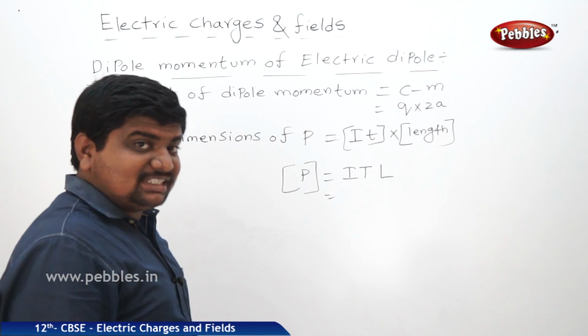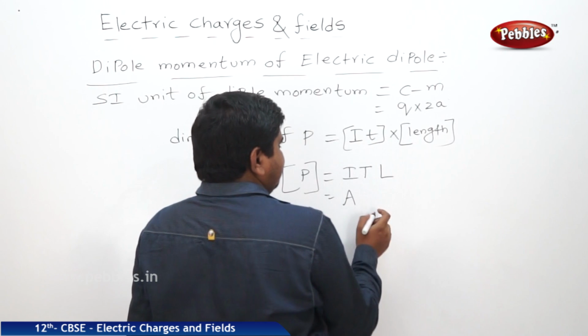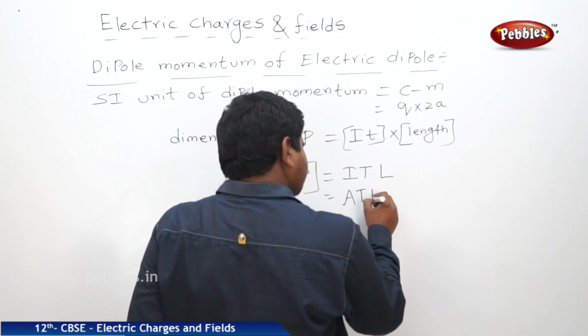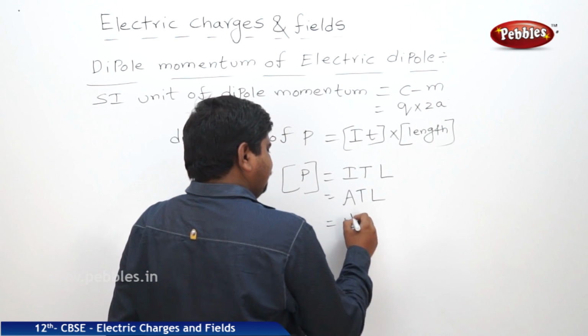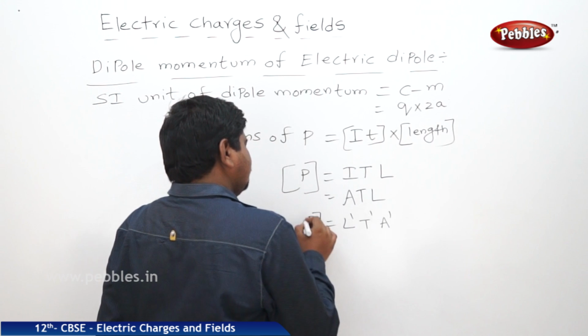Current. What is the dimensional symbol of the current? Ampere, capital A. T, time, length. Therefore, L power 1, T power 1, A power 1.